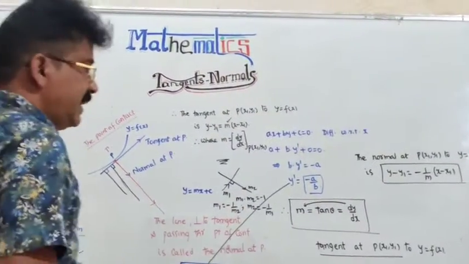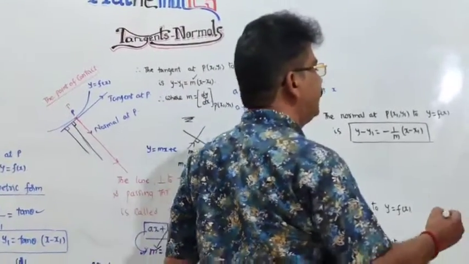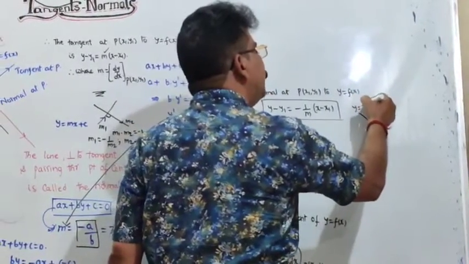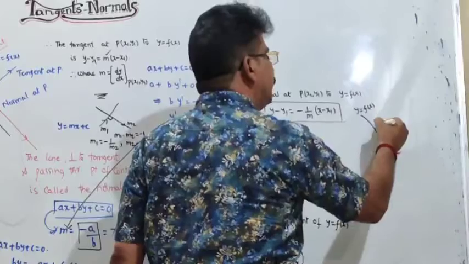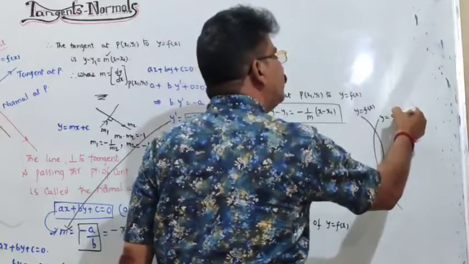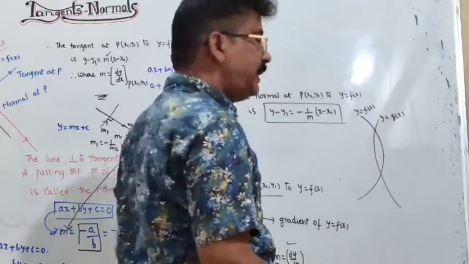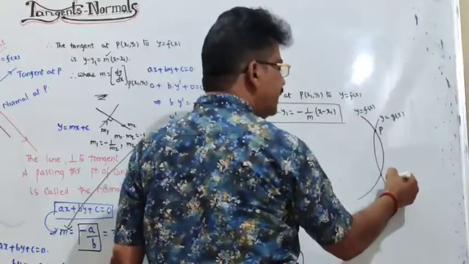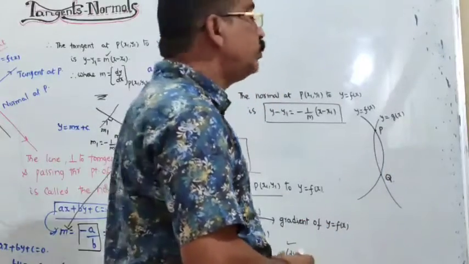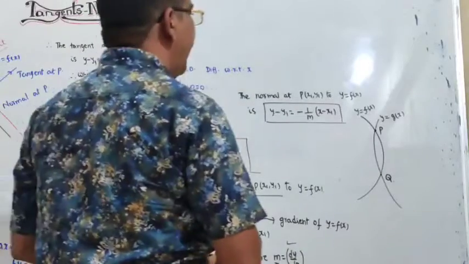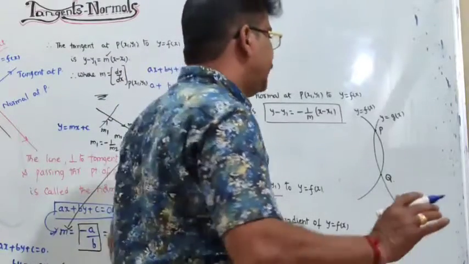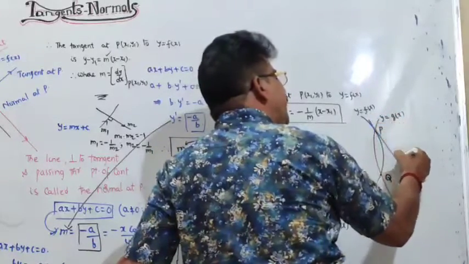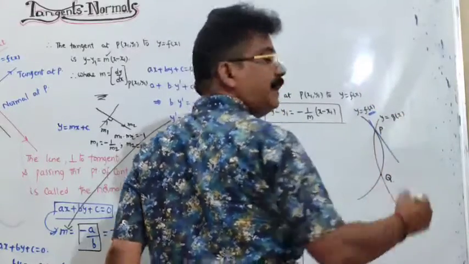Next, you come here. For example, two curves are there. This is y is equal to f of x. Next, this is another curve, y equal to z of x. Let capital P and capital Q be the points of intersection of the two curves y is equal to f of x and y equal to z of x. Next, let us draw a tangent at capital P to the first curve f of x.